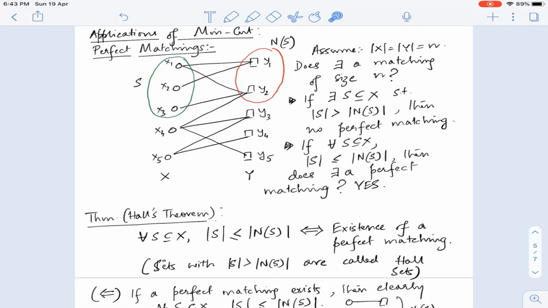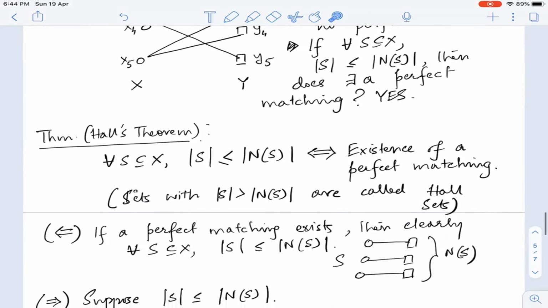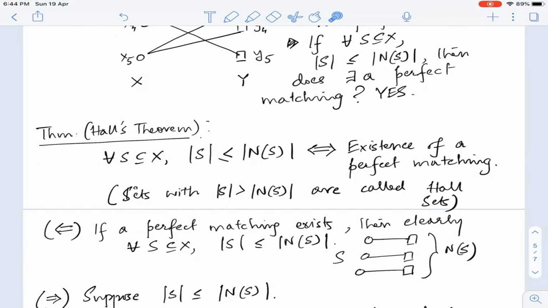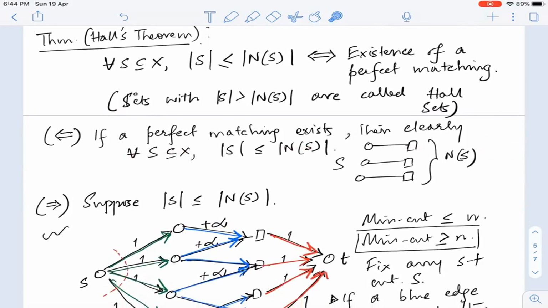Now, what this theorem is essentially saying is that these are really the only bottlenecks in the path of the existence of a perfect matching. If such things do not exist in your graph, then you will always find a perfect matching. And this is an if and only if statement. So the existence of a perfect matching implies that this condition is true, as well as the reverse. We saw that one direction is relatively simple.